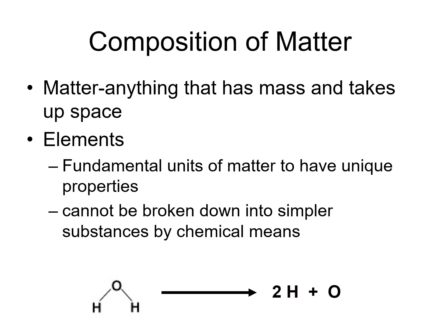We could break them down atomically by splitting the atom, but you can't break hydrogen down into any other substance chemically, nor can you break oxygen down into any other substance chemically, because they are elements, and elements cannot be broken down into simpler substances.